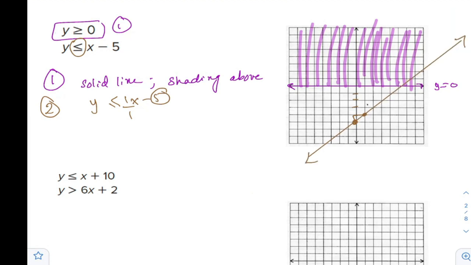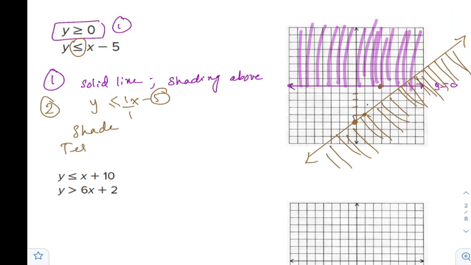When you match, you are ready now to shade. If you are not sure where to shade, actually it's below the line, definitely it will be this area, but let's make sure using the test point. Let's choose any point here in this region. Choose an easy point. Here we said below.